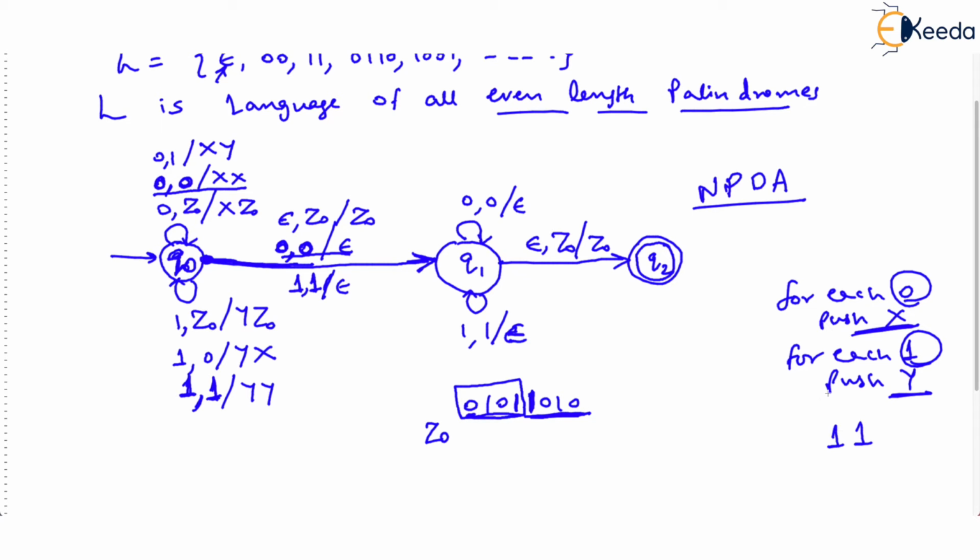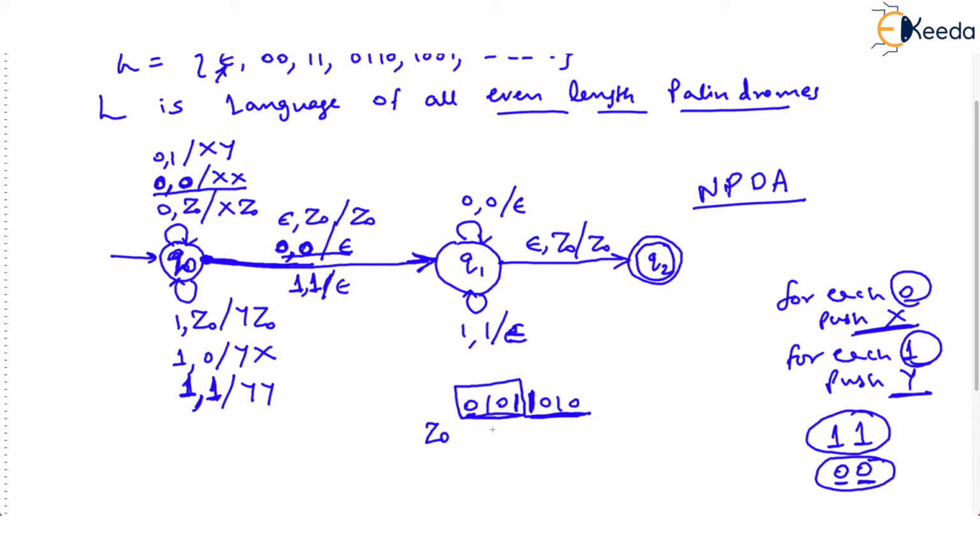Oh my god. Let's just check it. Whenever there is 0 followed by 0, a symbol followed by the same symbol, the PDA will assume two things: that it has reached the center, and second, that it has not reached the center. So for 1, 1 and 0, 0, you will have two results, as I was saying.